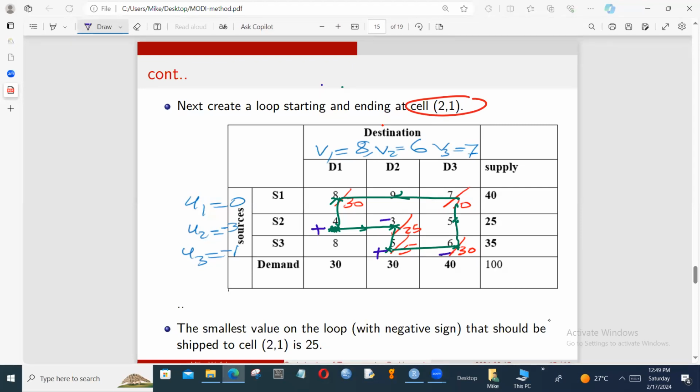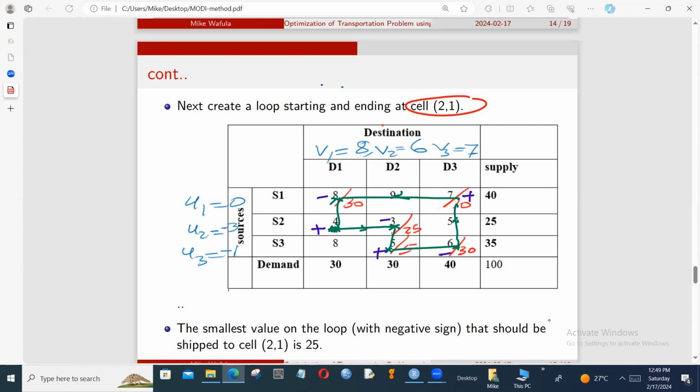So this one will be negative, this one will be positive, and this one will be negative. So you have assigned the loop, making sure the turns have alternate plus and minus signs, but the starting cell must always be positive. Now, once you have assigned like that, our interest is to look at cells with a negative sign.